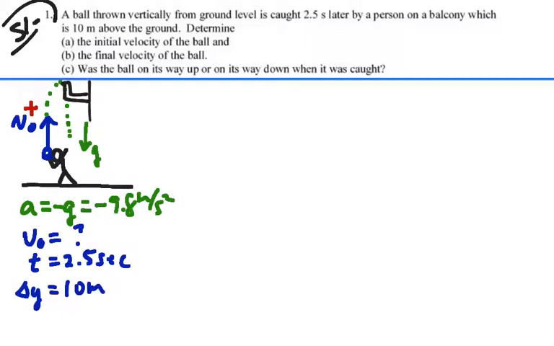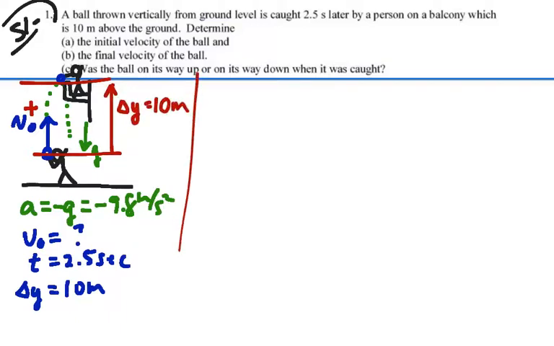Here's the balcony. Here's our person up there. So they're going to catch the ball at that point there at a displacement of 10 meters, positive 10 meters. Alright, so that's our setup.